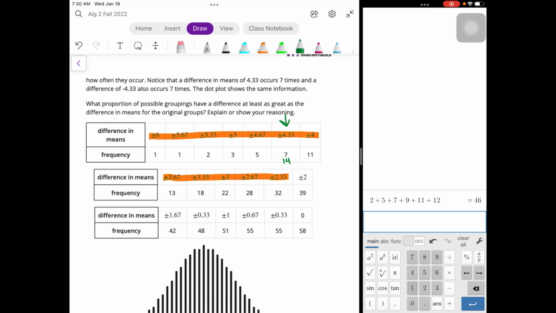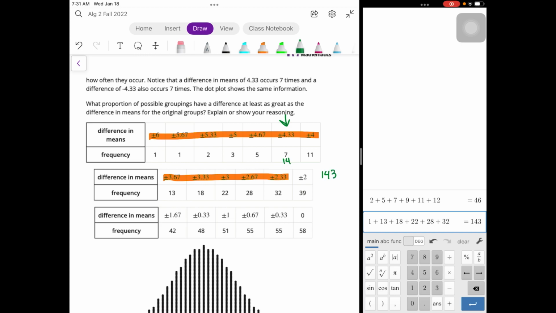All right, so we've got 1 plus 1 plus 2 plus 3 plus 5 plus 7 plus 11 plus 13 and 18, 22, 28, and 32. So we get 143, but remember, that's all the positives.